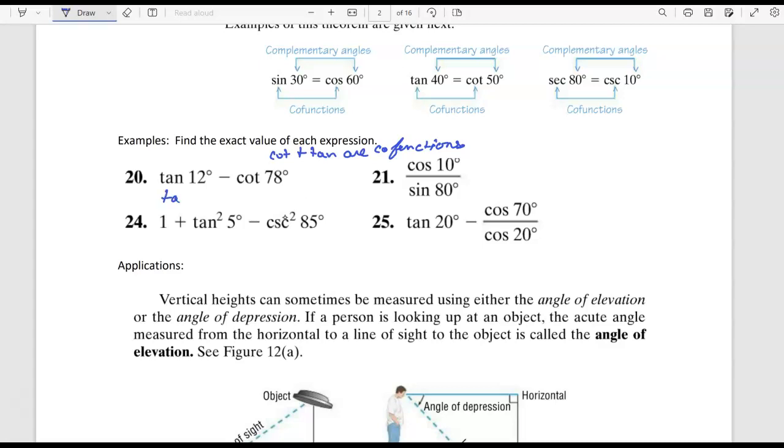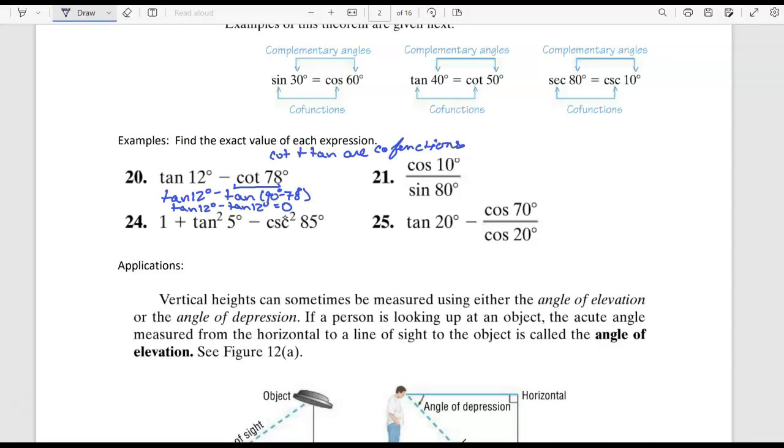So that means that the cotangent of 78 is the same thing as the tangent of 90 minus 78, which is 12. And then I have tangent of 12 minus the tangent of 12, and that's going to be equal to 0. So we can use cofunctions to help us figure that out.